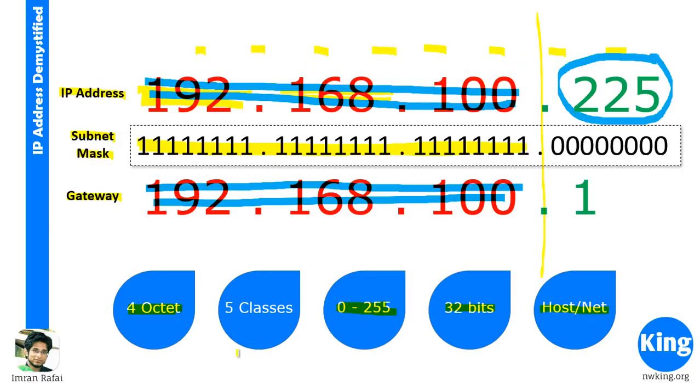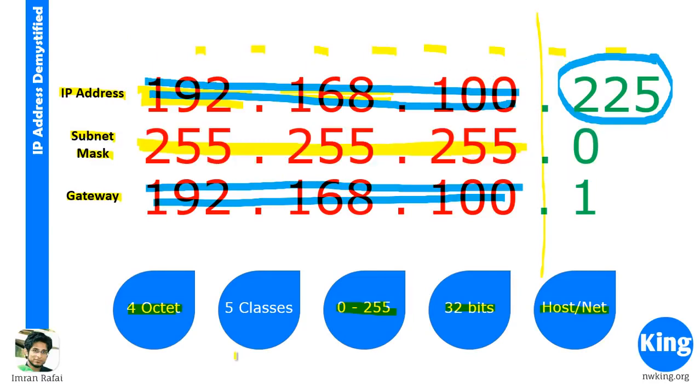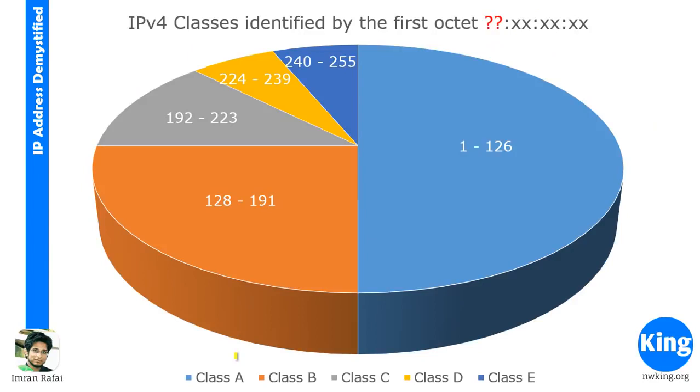Next is the classes. To look at that, we look at this slide. IP addresses have different classes. The class of an IP address is decided by the first octet. So let's assume the first octet of the IP address is between 1 and 126.